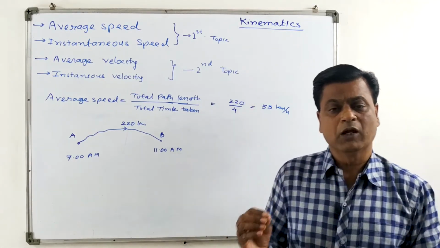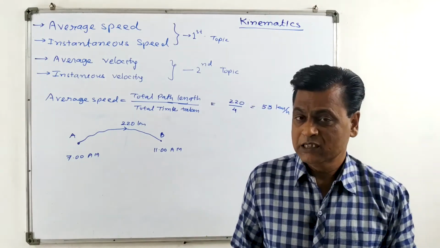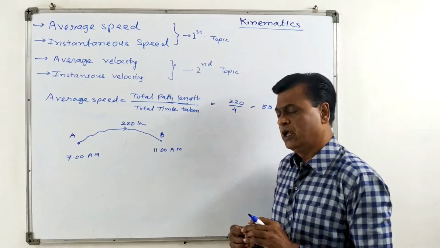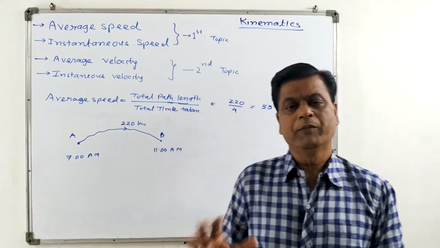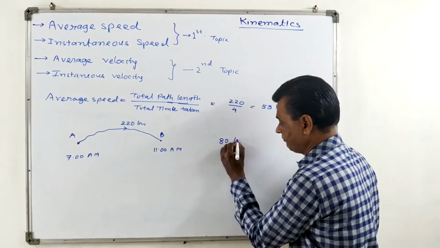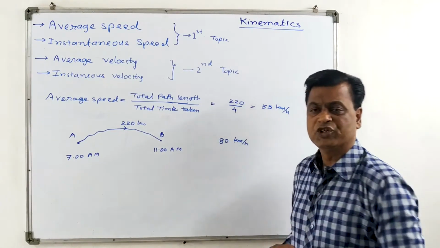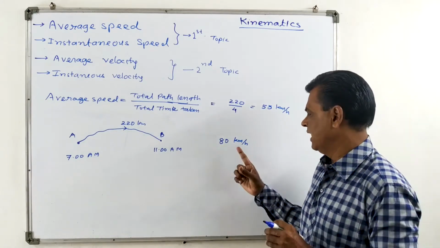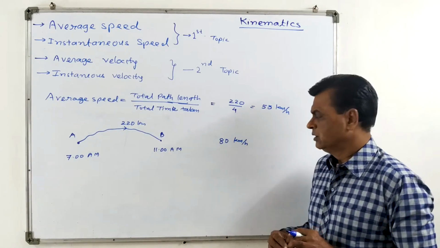Average speed of 55 km per hour does not tell us at what speed the car is moving exactly at 10 o'clock. At 10 o'clock, the speedometer of the car indicates 80 km per hour. It means the instantaneous speed of the car at 10 o'clock is 80 km per hour.